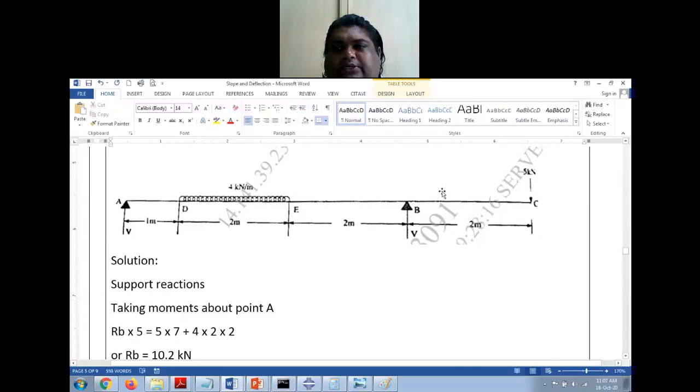So in this section BC, I have to consider a section XX, right? Now my UDL is neither starting from A nor is it starting from C, so it is in between in the span of the beam. So I have to do the same construction that we did yesterday. If you remember, this was the numerical, right? So the UDL was in between.